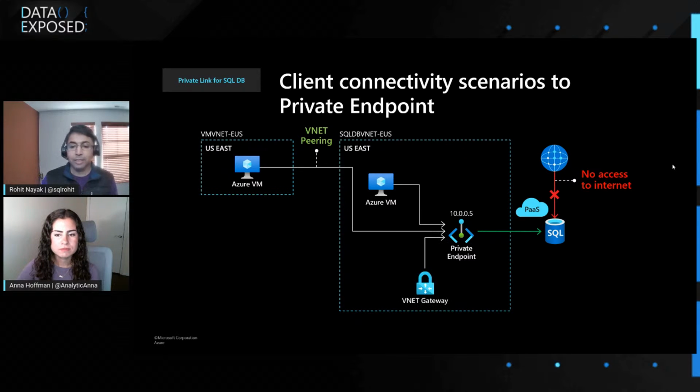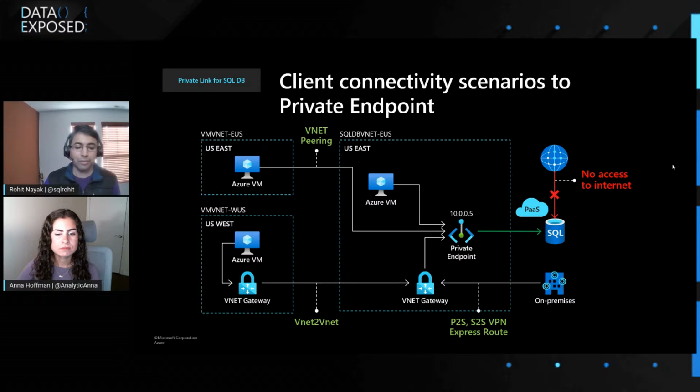You can add a VNet gateway into your current VNet, and that enables a couple of interesting scenarios: you can connect from on-premises, or you can connect from another VNet using a VNet-to-VNet connection. This is typically used when you're going cross-subscription or cross-region. But the key takeaway from this slide is that all of this is given to you by Azure Networking today. And by using a private endpoint, you can enable these various ways of connecting.